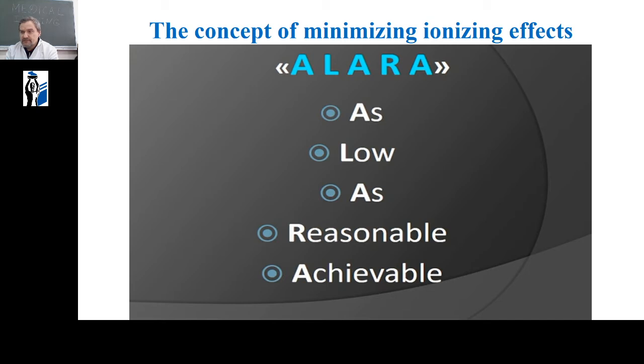Exposure to ionizing radiation should be as low as reasonably achievable. Reasonable achievability is the use of such radiation flux and such a dose of radiopharmaceutical so that a high-quality image is obtained as a result, thanks to which a correct diagnosis can be established.